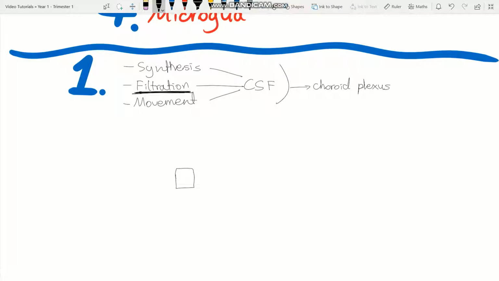So these cells are somewhat present as a lining, and they contain what we call stereocilia. And these stereocilia can be likened to elongated microvilli.